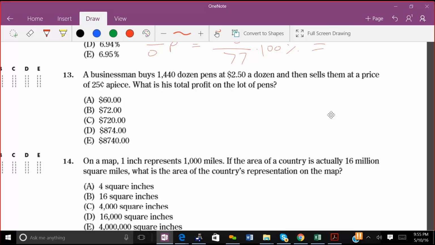You do 1440 times 2.5. Or should I get it out of dozens? Well, you have to see which part is in dozens, which part is in singles, so watch out for that.